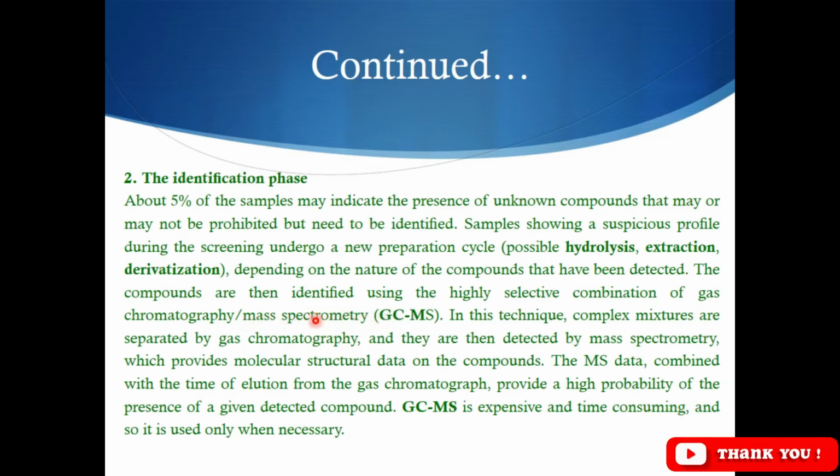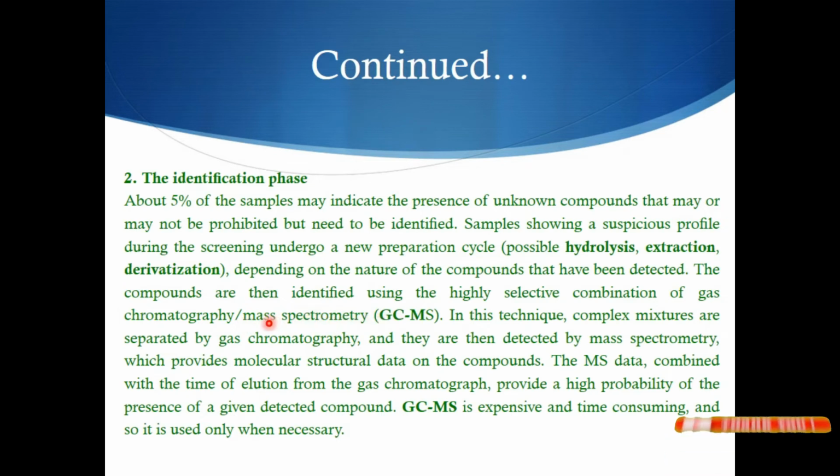This is a highly specific type of instrument. Complex mixtures are separated by gas chromatography, and they are then detected by mass spectrometry, which provides molecular structural data on the compounds.